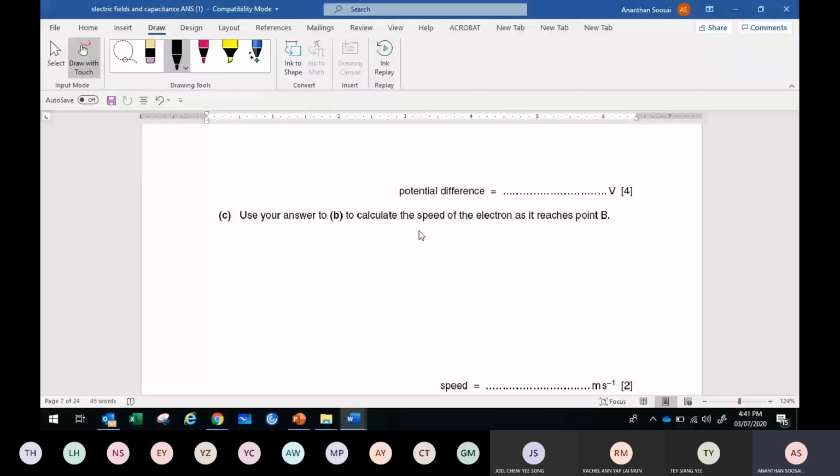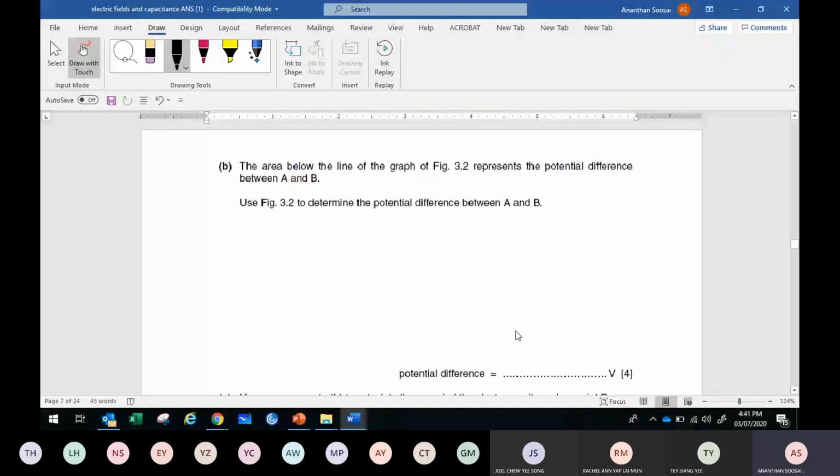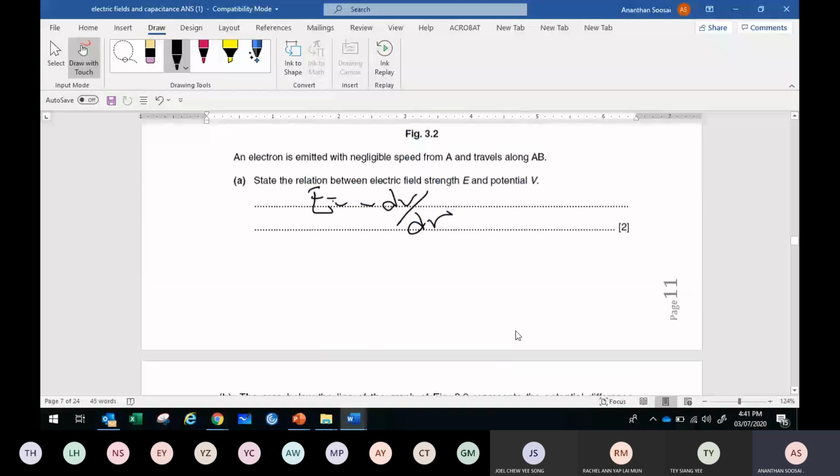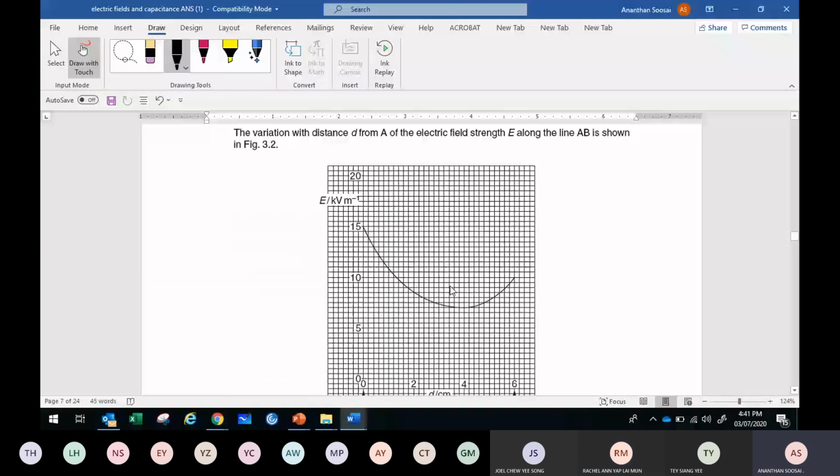The potential difference, you know, A to B, you know the potential difference. And I scroll up. So what else do you know? You know the potential difference. You know this graph. These are the only two things you know. They're asking what?